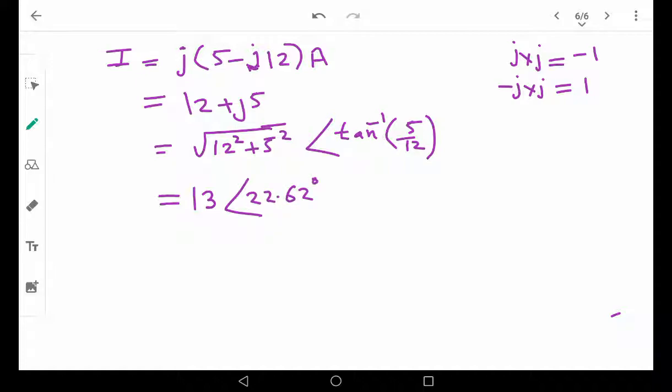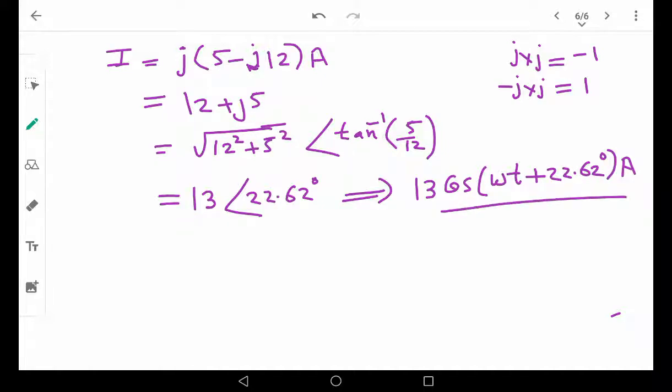If you convert it into the time domain, it is 13 cos(omega t plus 22.62 degrees) ampere. So when you are given a complex number, you convert it into the amplitude-phase form, that is phasor form, using the identity you have already studied. Now let's study another example.